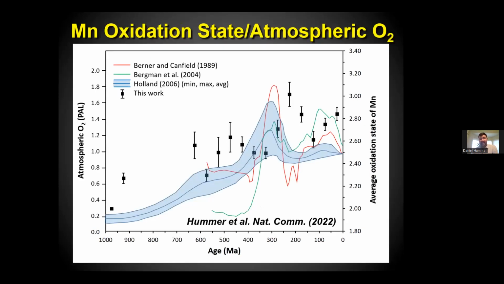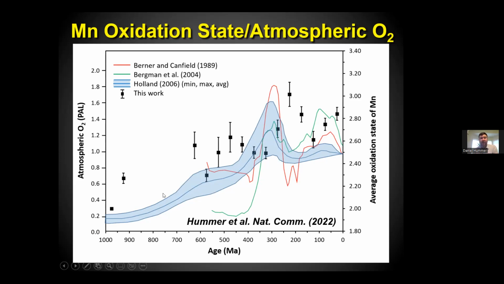So I overlaid this. This is what it looks like when we overlay that manganese oxidation data over reconstructions of atmospheric oxygen. So of course, people like Heinrich Holland, and Canfield at Oxford, I believe, many people have been using these various different geochemical proxies to reconstruct what the oxygen content of the atmosphere was.